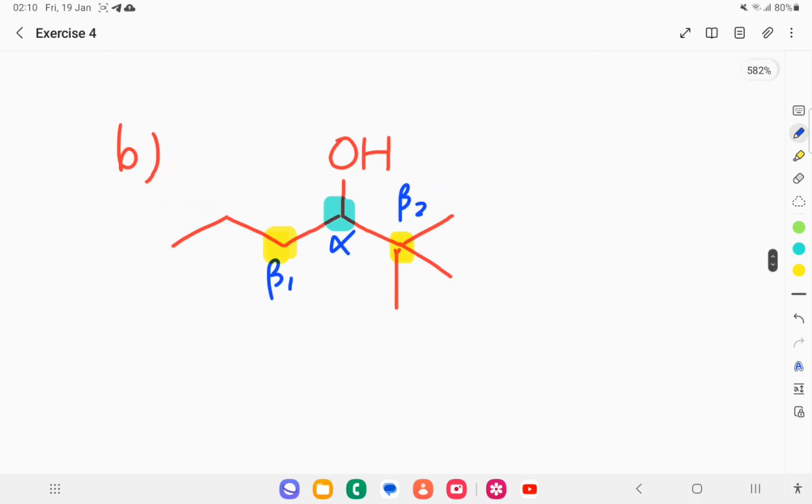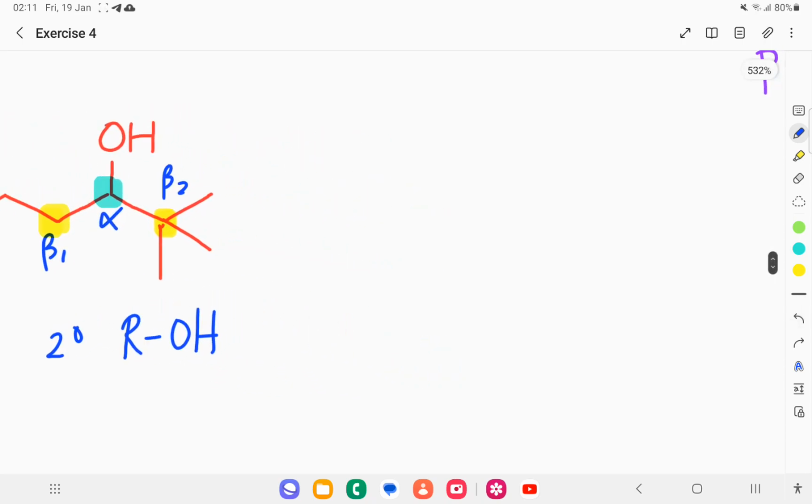The class of alcohol for question B is secondary alcohol, because the adjacent carbons bonded to the alpha carbon are only 2, 1 here and 1 here. So it is a secondary alcohol.